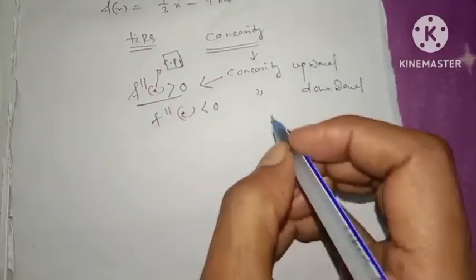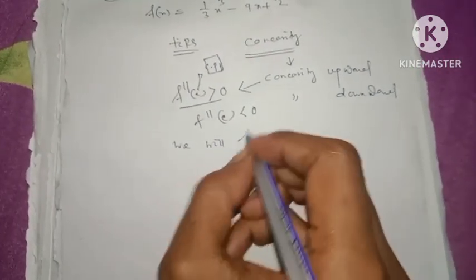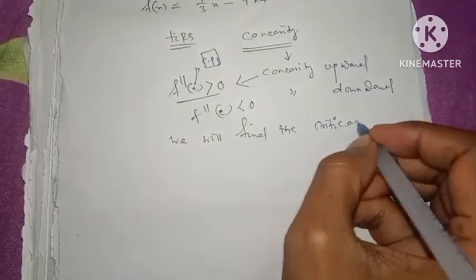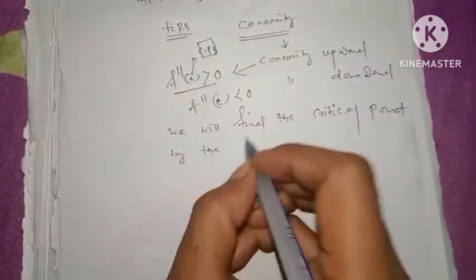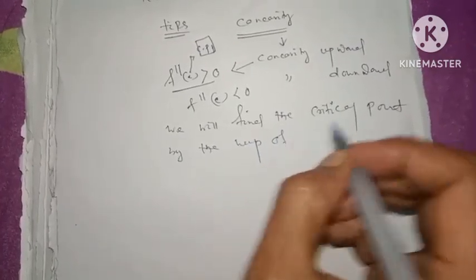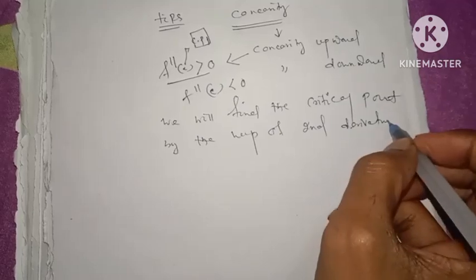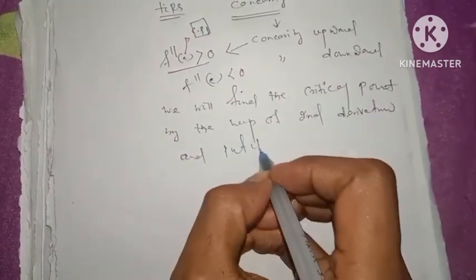And we will find this critical point with the help of the second derivative and put it equal to 0.